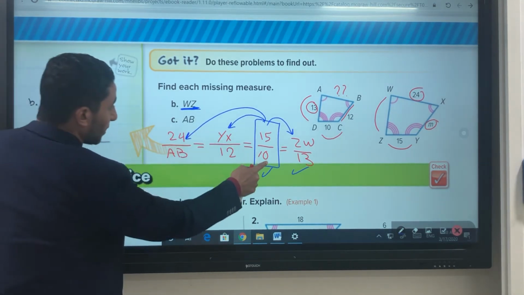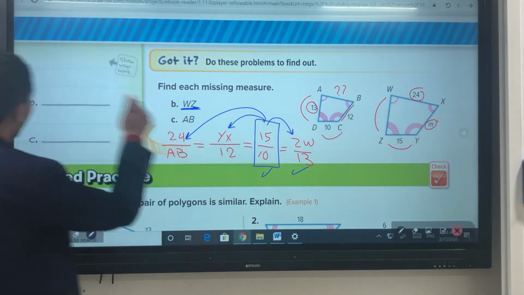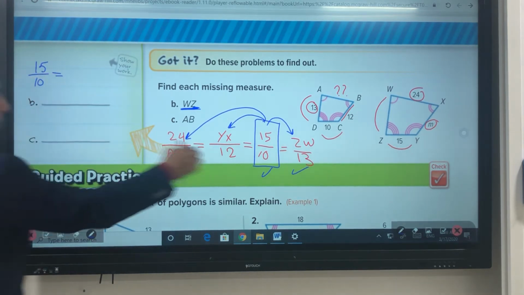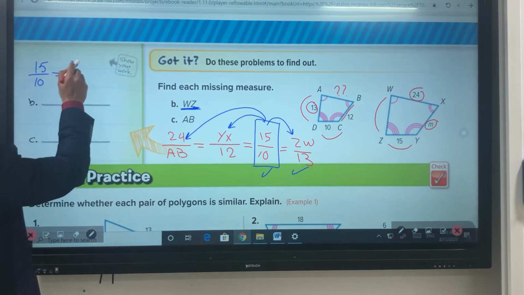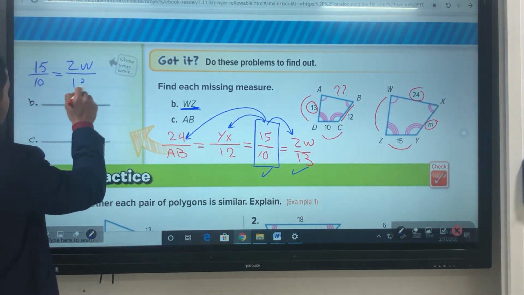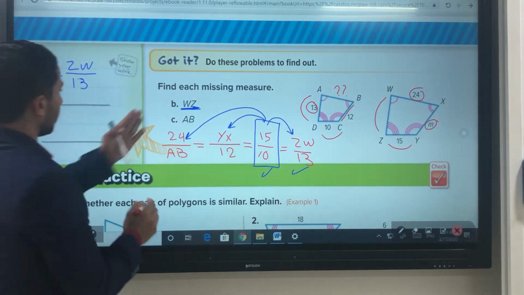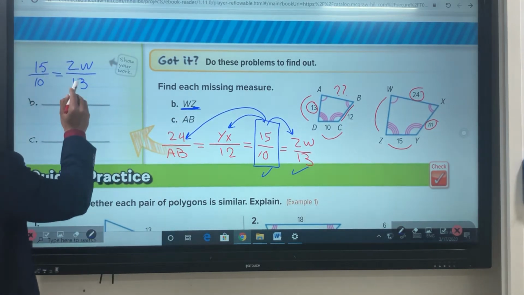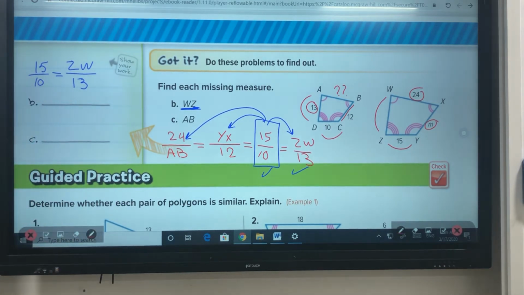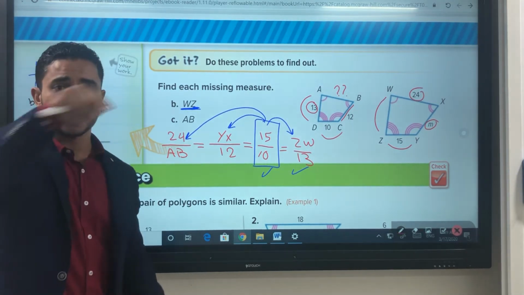So 15 over 10 equals ZW over 13. How can I find ZW or WZ? By cross multiplication. Again, cross multiplication.